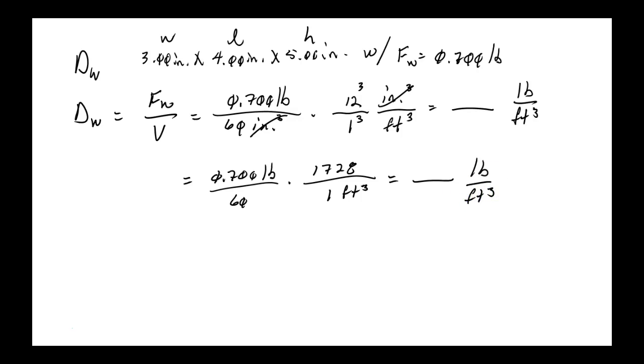Okay, so multiply 0.7 times 1728 divided by 60. 12 times 12 times 12. Or 12 cubed. That's what she told me. I'll take her word for it. That sounds right because 144 times 12.